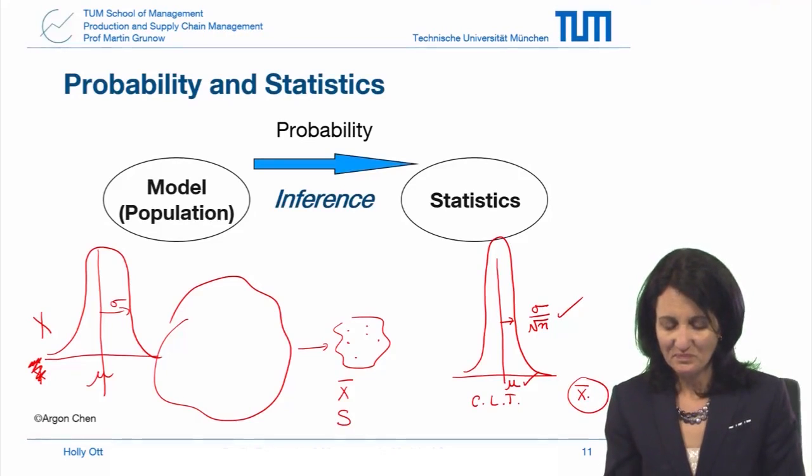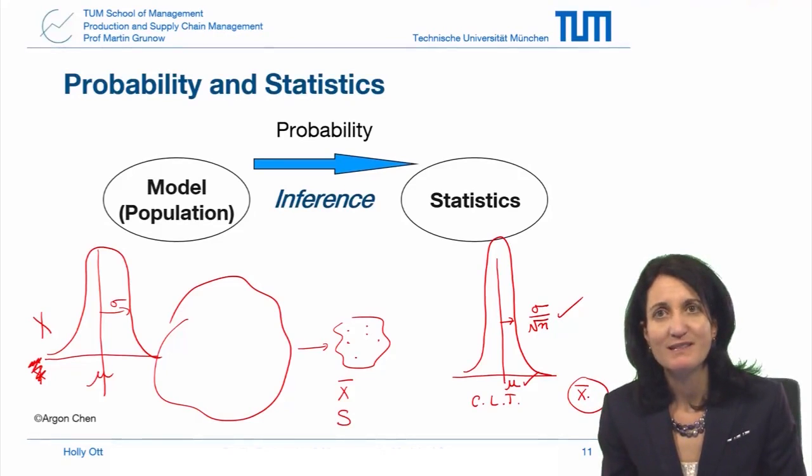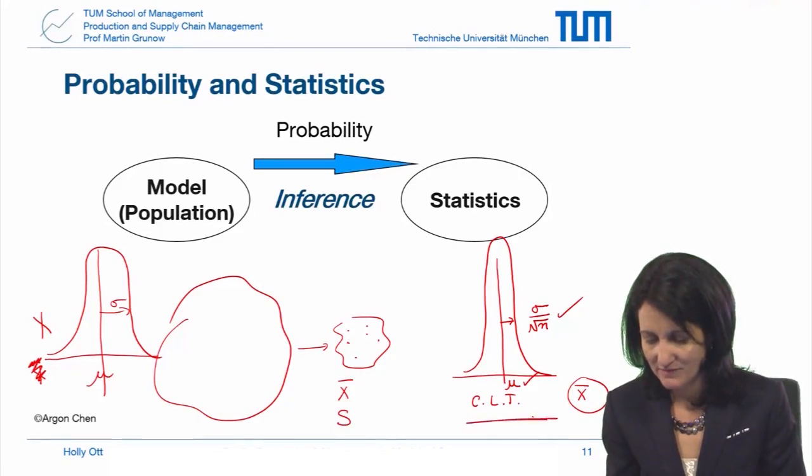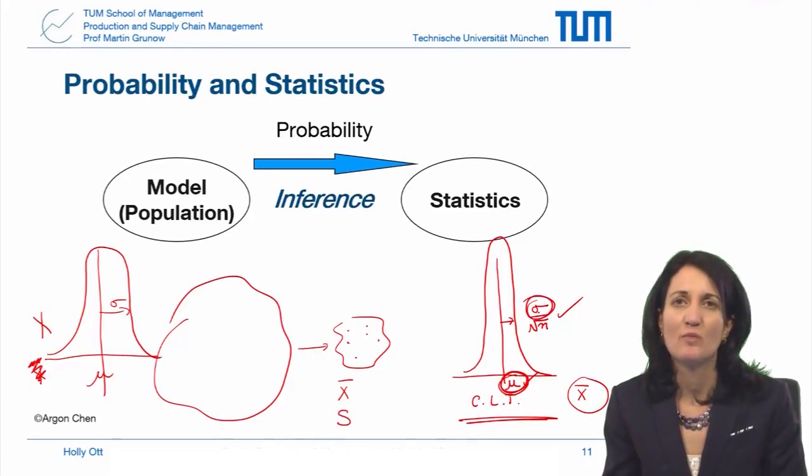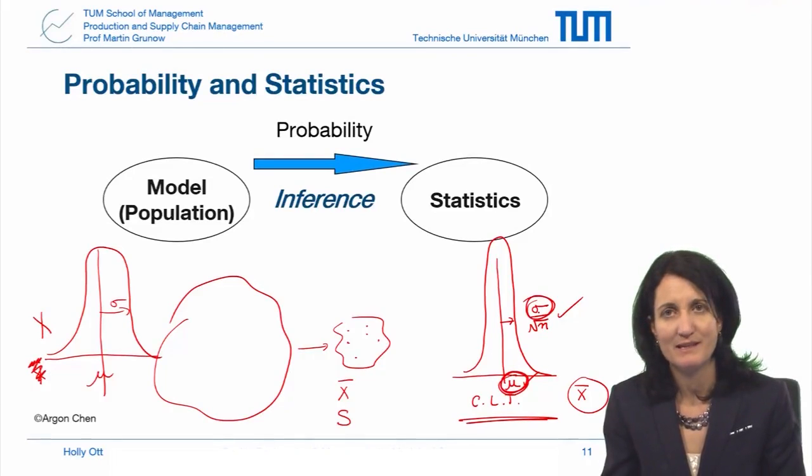So the only problem here was that in order to do this, we needed to know the parameters of our population, and this is normally not the case.